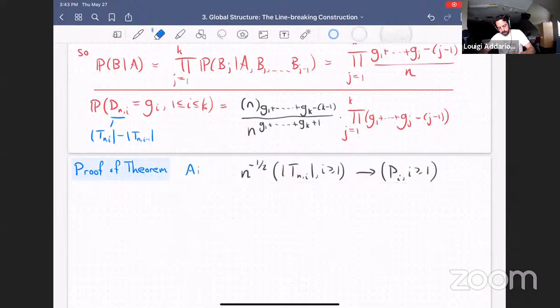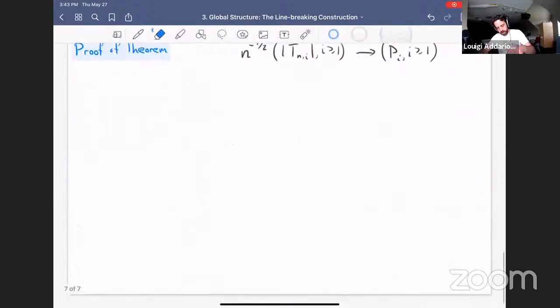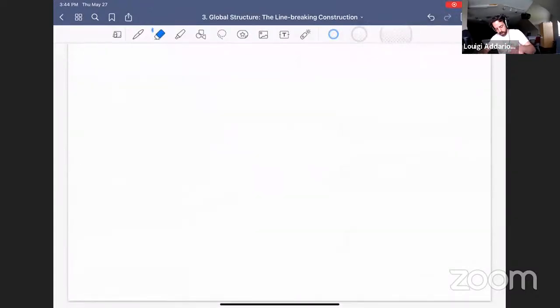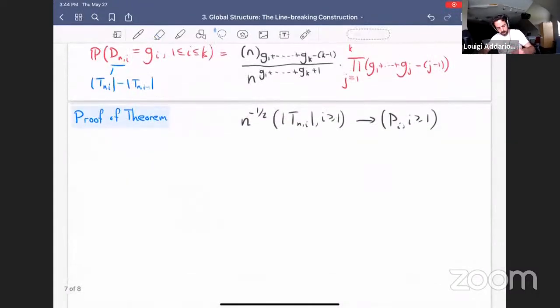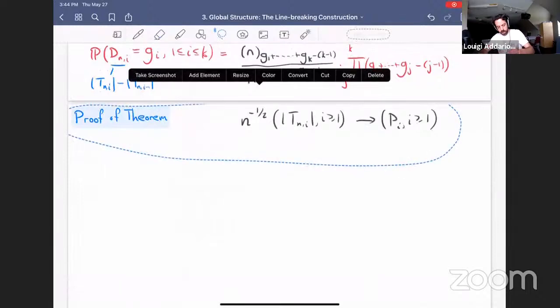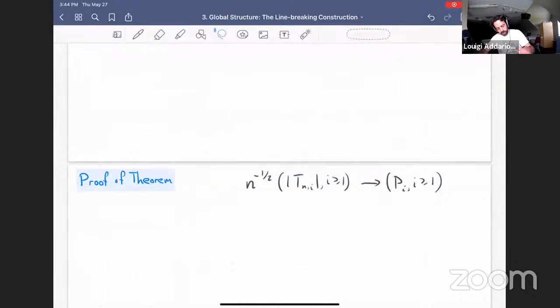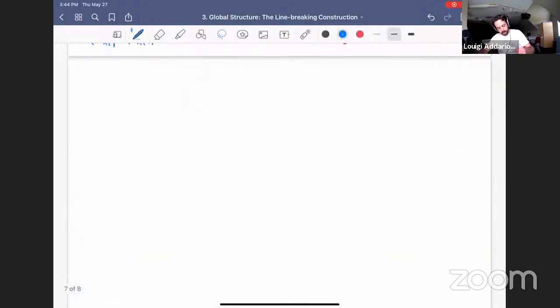That's our aim. The definition of DNI is still slightly confusing to me. Good. Okay, I'll do a quick example and then continue on with the proof.